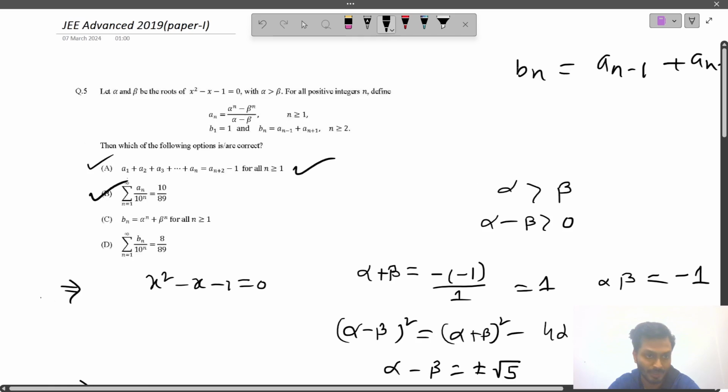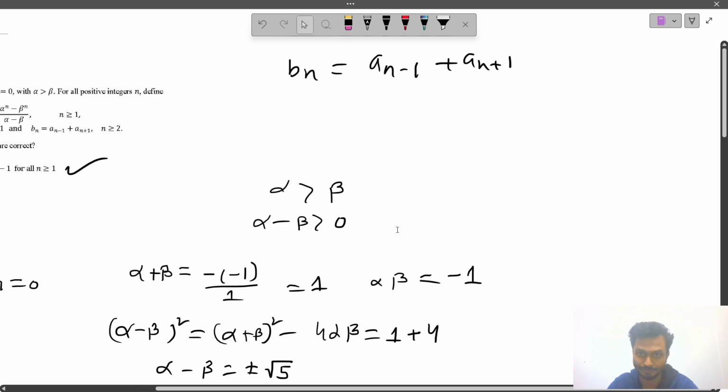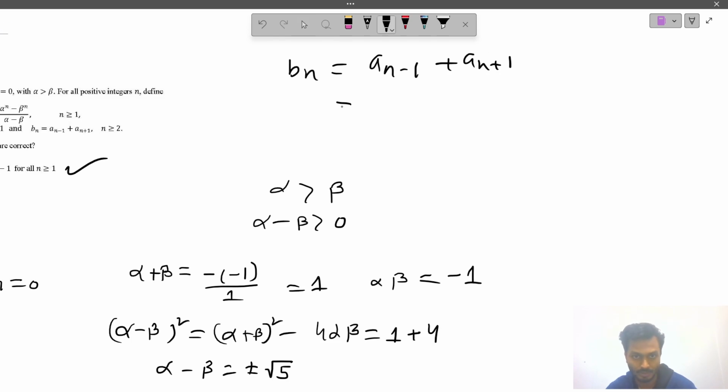Now we have to prove that Bn is alpha to the power n plus beta to the power n. So what is an minus 1? This means alpha to the power n minus 1 minus beta to the power n minus 1 divided by alpha minus beta, because an is given here.